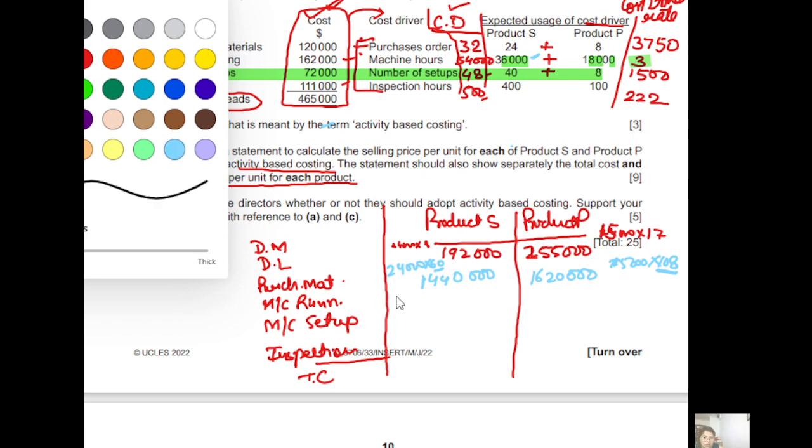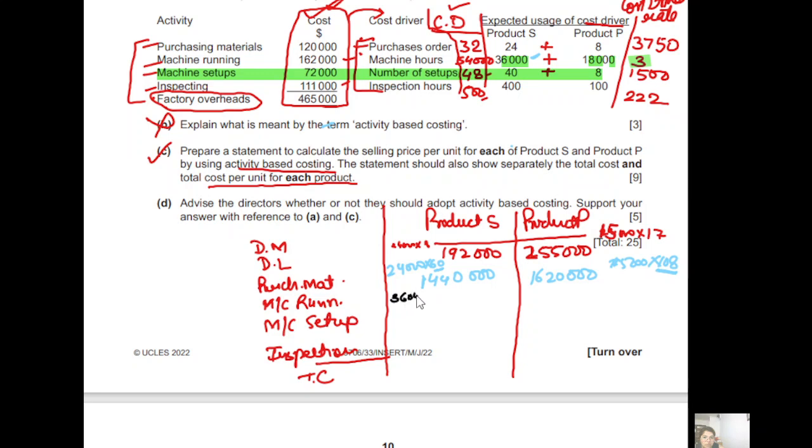Just 36,000 times cost driver rate 3, and here 18,000 times 3.